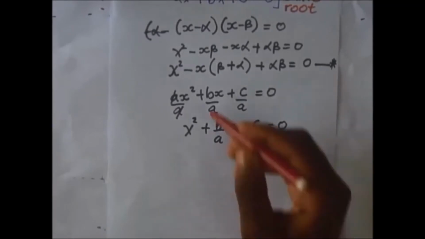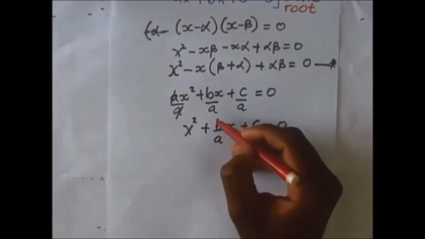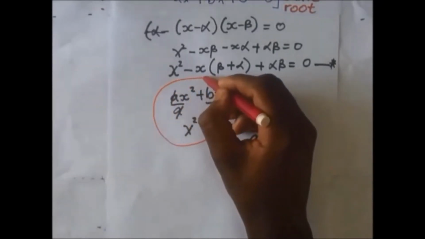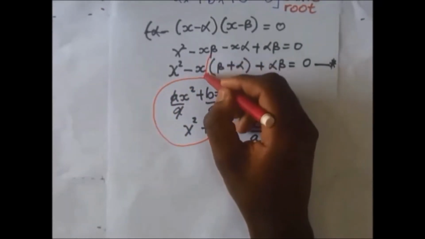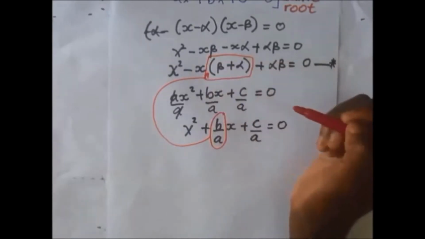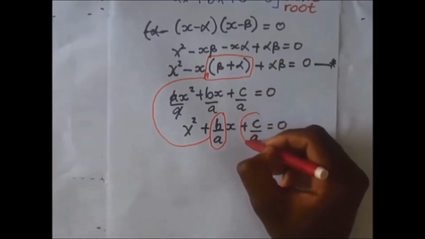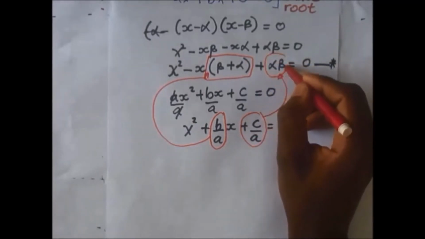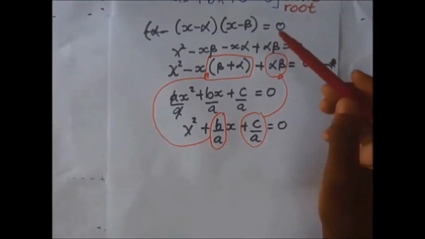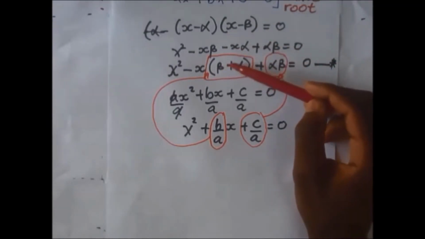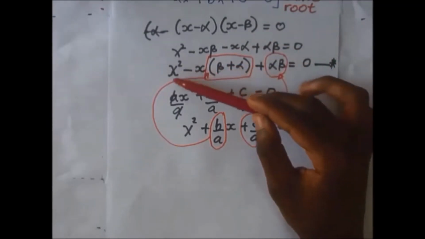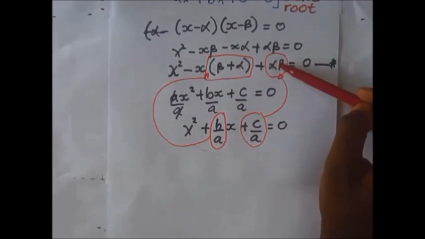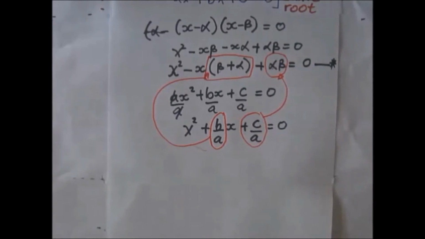We see that the coefficient of x here and the coefficient of x here, we find that this b over a is equivalent to that. And we also find that this positive c over a is equal to that. From here you see that these are roots. The sum of the roots is equivalent to b over a, and the product of the roots, alpha times beta, is equivalent to c over a.